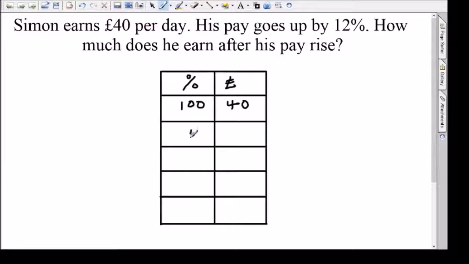I'm trying to get to 12%. Okay, let's start with 10 because that's fairly near to 12. So if I know 100% is £40, 10 tens going to 100, so that must be 4. Okay, from 10% I could get to 1%, we can divide by 10. Quite nice and easily. I'm looking for 12%, so from 1% I can get to 2%. Just double it.